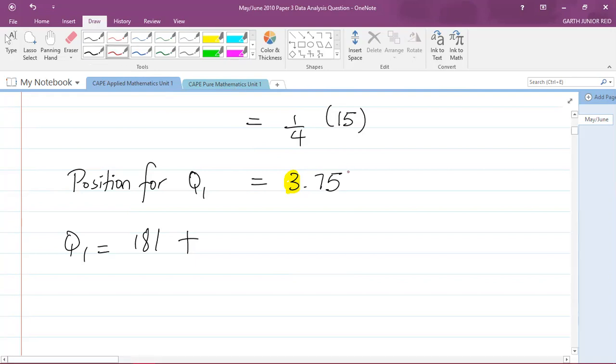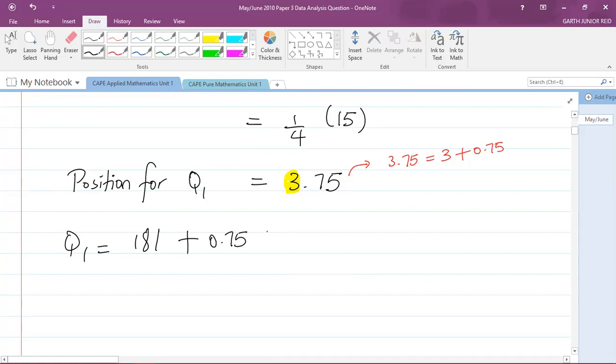Now remember that this number, 3.75, can be written as 3 plus 0.75.